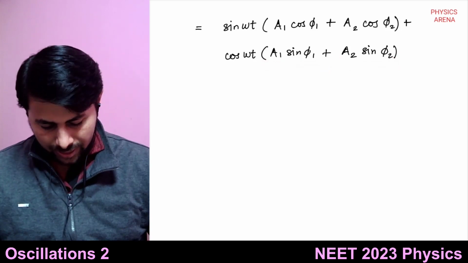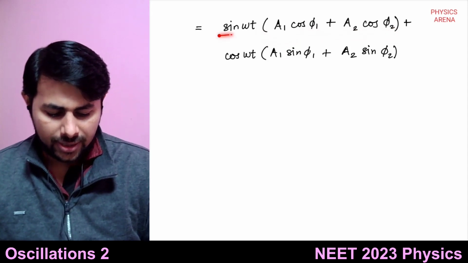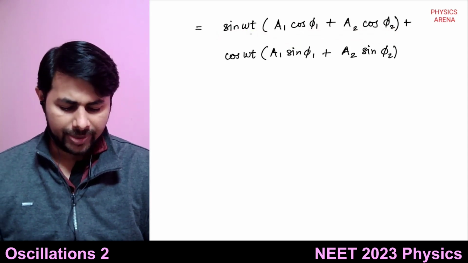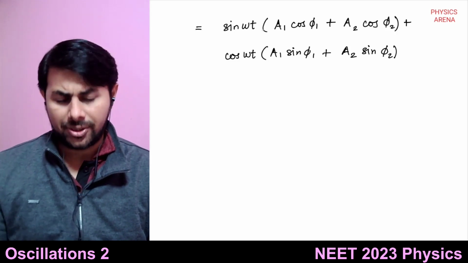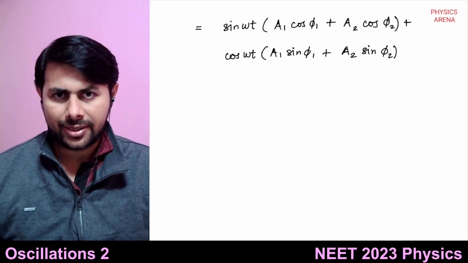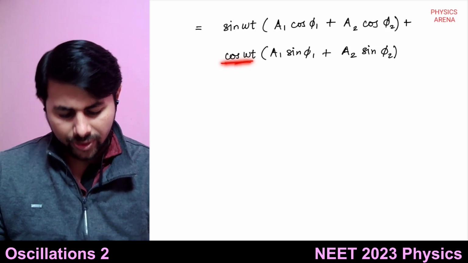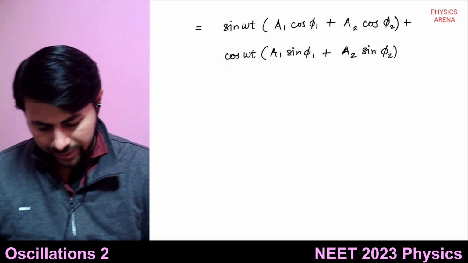See, the term which is multiplied with sine of omega t, or you can say the coefficient of sine of omega t, I will call it r cos delta, and the coefficient of cos of omega t, I will call it r sine delta.